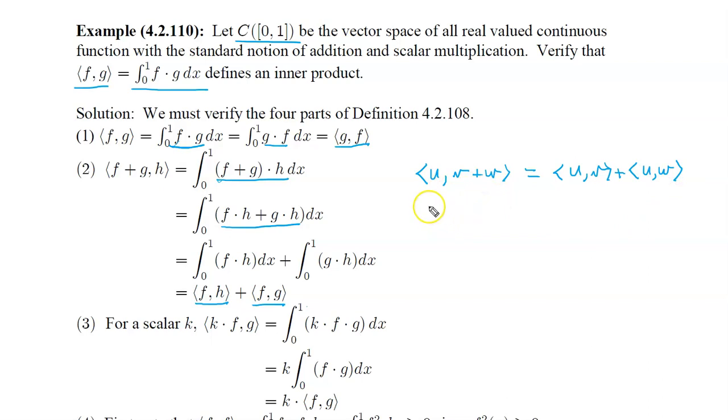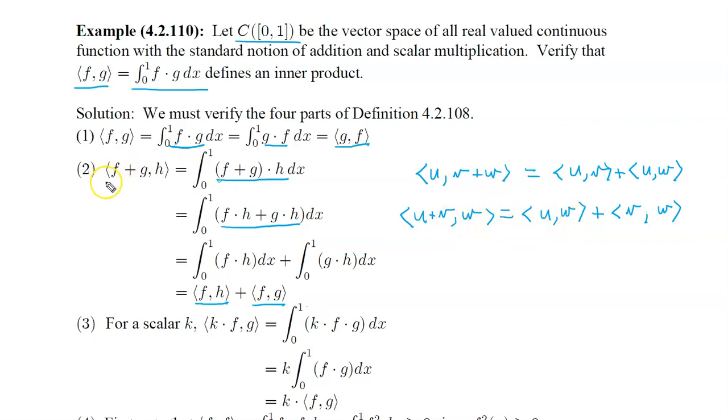But it doesn't matter if we write it like this or like this. Doesn't matter which way we write it here because of the commutative property for the inner product, property number 1.